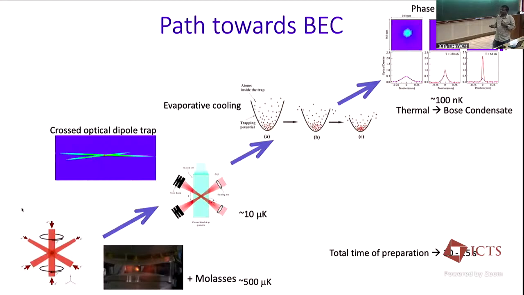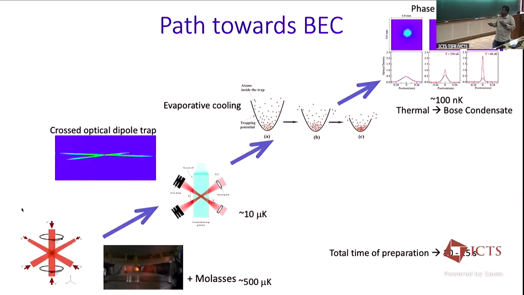There are multiple ways to do it. You can spin polarize this sample and trap it in a magnetic trap, or you can put them in far off-resonant traps using laser light. Then you force the atoms into a regime where the phase space density increases and you get to the Bose condensate.